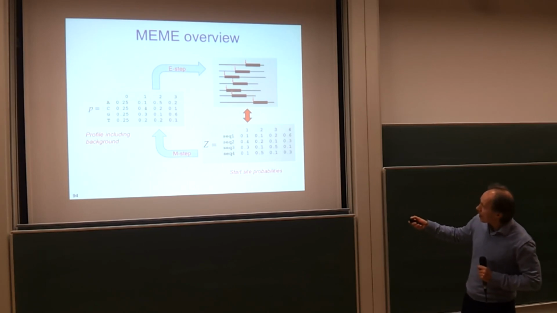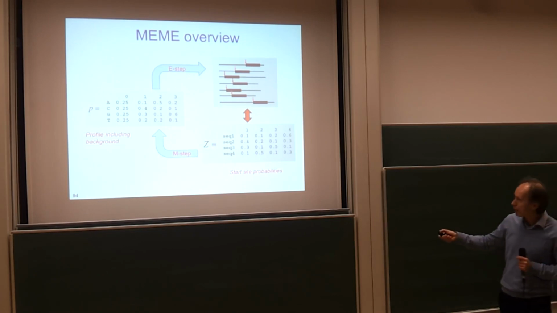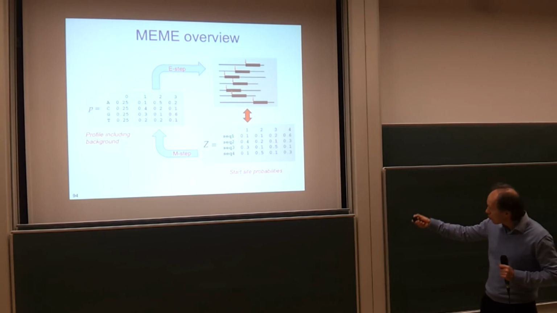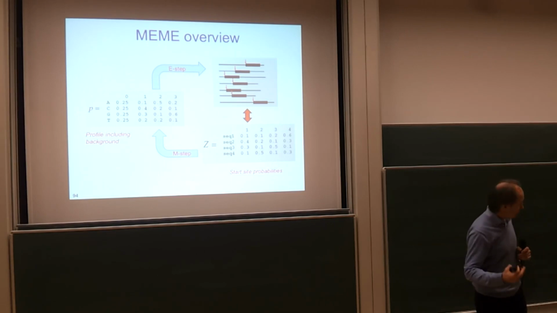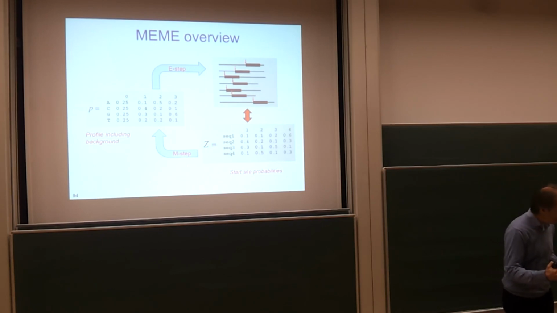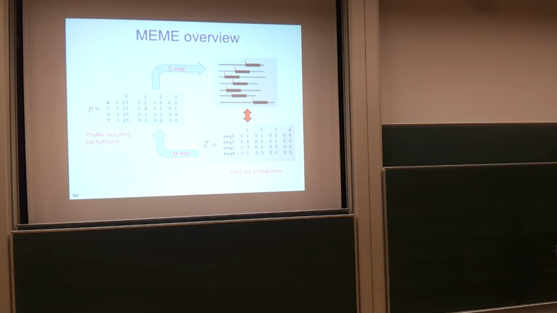Then you iterate like this: you learn these probabilities from the profile, and the profile from these probabilities. That gives you the full flavor of iteration, where you have prior probabilities that are used to get an informed new set of probabilities. You have the posterior, and then the posterior probability of iteration i will be the prior for the next iteration, as you're doing at the moment.